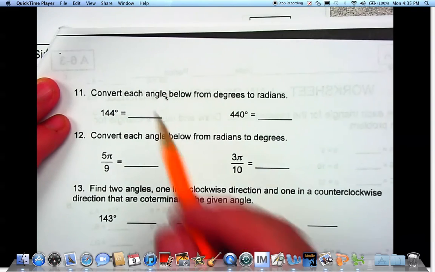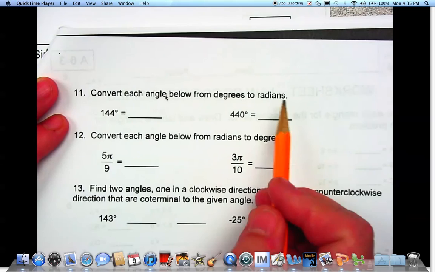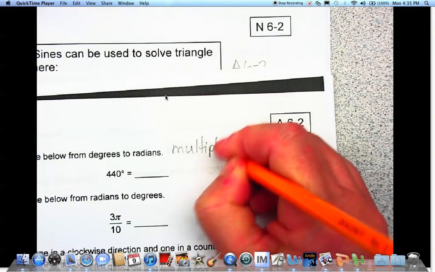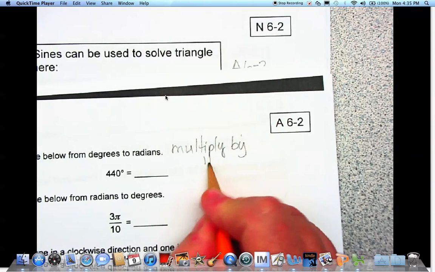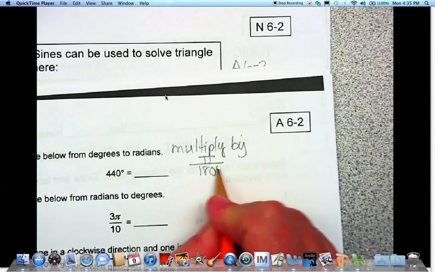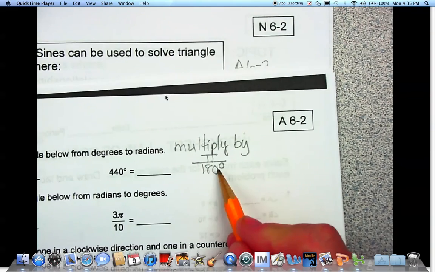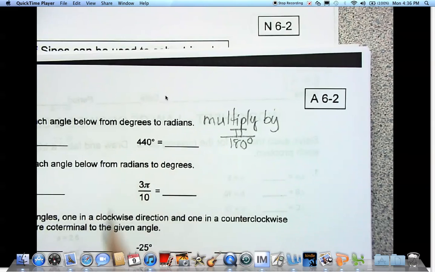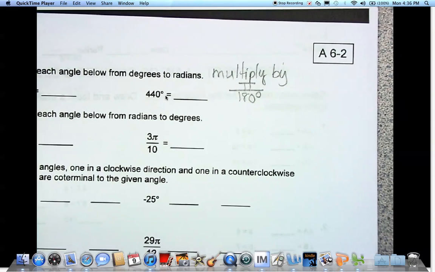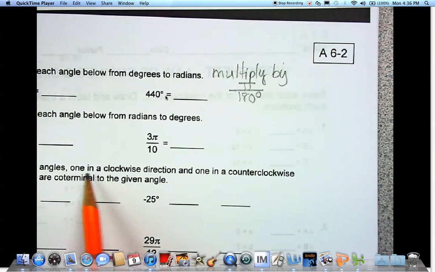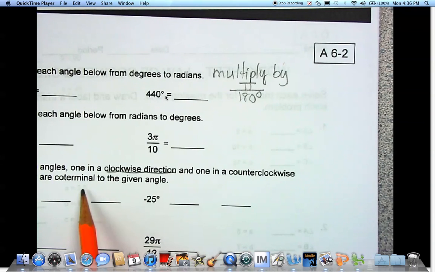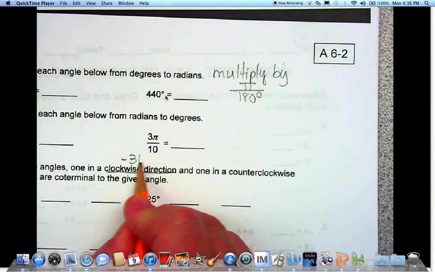On 11, you convert each angle below from degrees to radians. What you want to do is multiply by, I don't know if you remember this, pi over 180 degrees, because there's 180 degrees in pi. And leave these in terms of pi. And then on 13, find two angles, one in a clockwise direction and one in a counterclockwise direction, that are coterminal to the given angle. Well, in a clockwise direction, you're going to subtract 360 degrees.